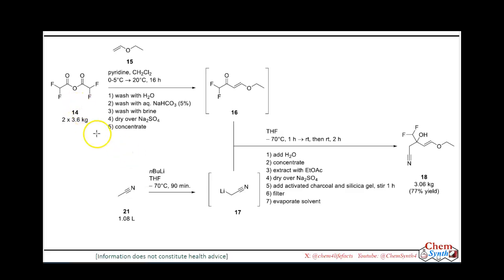So here you can see this method started with difluoroacetic anhydride as the starting material, which is an inexpensive reagent, and reaction of this starting material with ethyl vinyl ether in the presence of pyridine led to the formation of this enone intermediate.